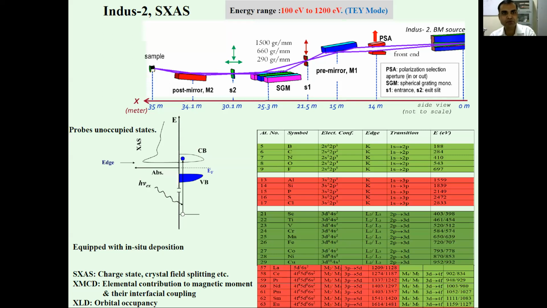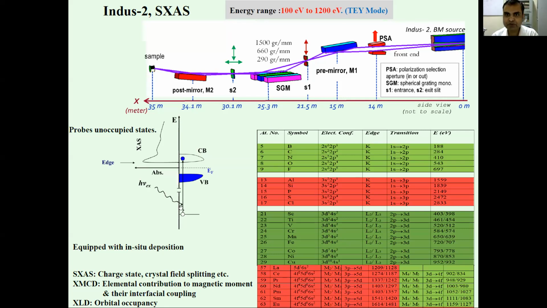Whereas in X-ray absorption spectroscopy, we vary the incident photon energy and record the intensity of the photons absorbed by that particular material. That's the basic difference between soft X-ray absorption spectroscopy and photoelectron spectroscopy.